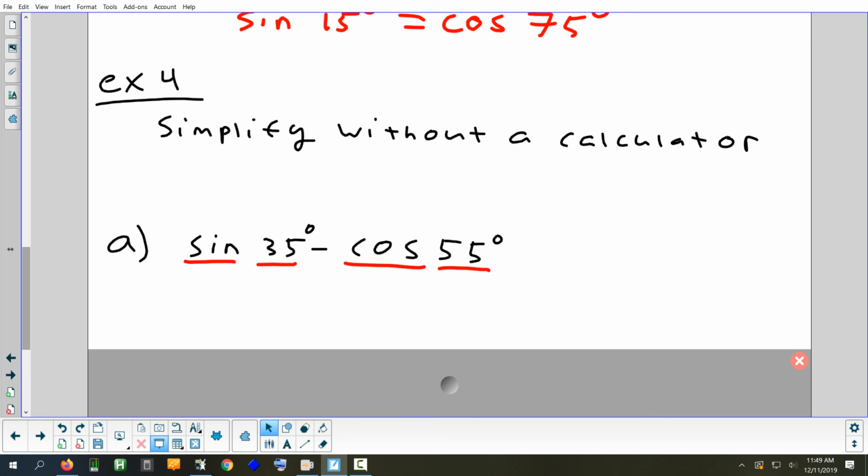So I'm subtracting cofunctions of complementary angles. So that means this and this, how do they compare? They're equal. I don't know what they are, but it doesn't matter what they are. I'm subtracting two things that are equal, so the answer would be 0. So the point is not to figure out what the individual things in the problem are. It's more to look at the big picture and realize, wait a minute, there's a pattern here. I don't even need to know what they are. I just get 0.